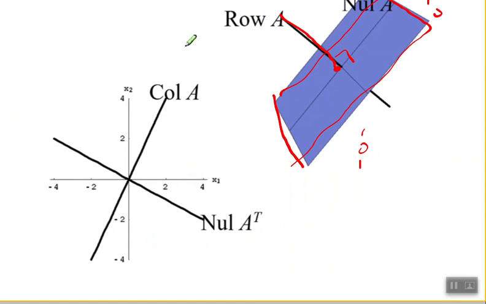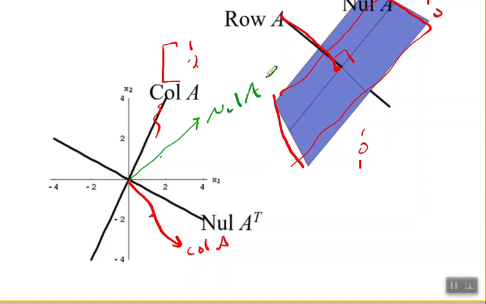The column of A, that really should be the vector 1, -2. So if I go to 1, -2, that should be the column of A. And then the null of A, we'll do that in green, should be 2, 1. That's the null of A transpose.